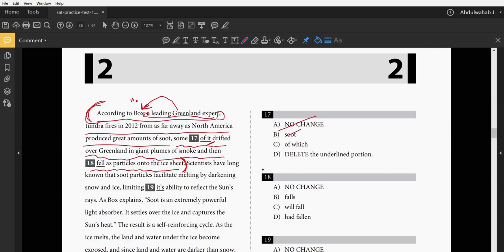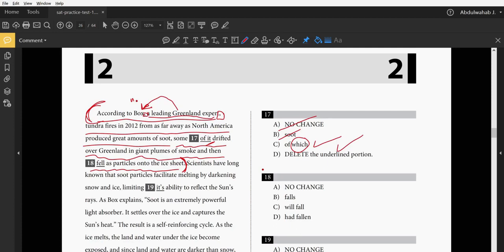By saying "soot," again, I'm using a noun. Some soot drifted over Greenland. Soot is not a linking word. But if I say "some of which," now which links the soot to the next sentence. And this is the proper way of linking 2 sentences together by using, this is one way, of course, a relative pronoun like which.